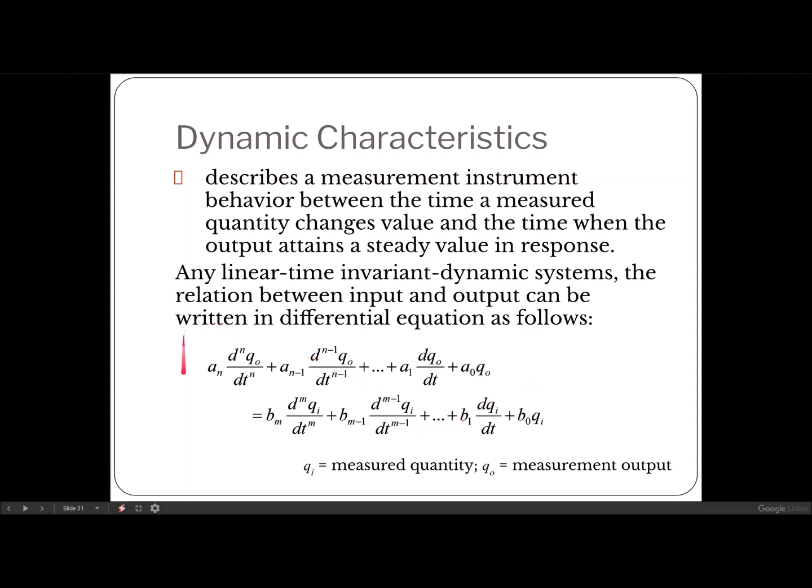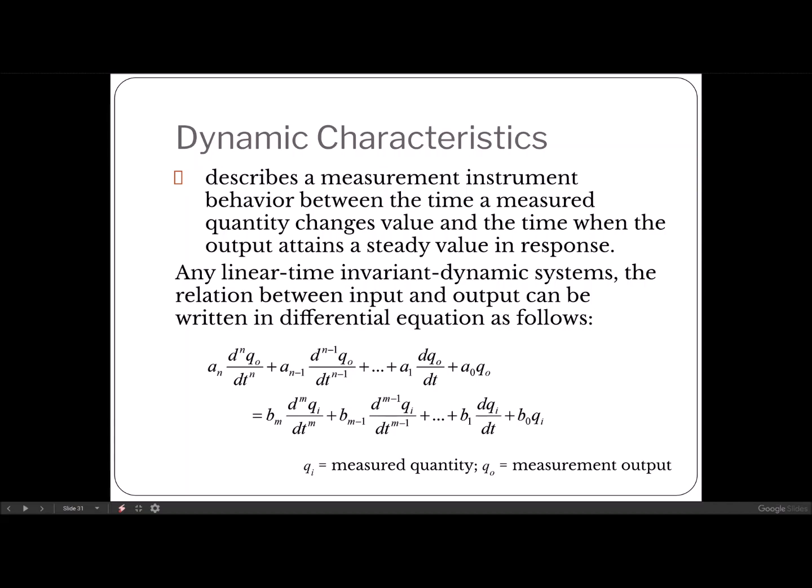As you can see in this equation, Qi is the input entity, Q0 is the output quantity. So if this is a measurement device, then Qi is the input, the entity that you measure, and Q0 is the output shown by your device.